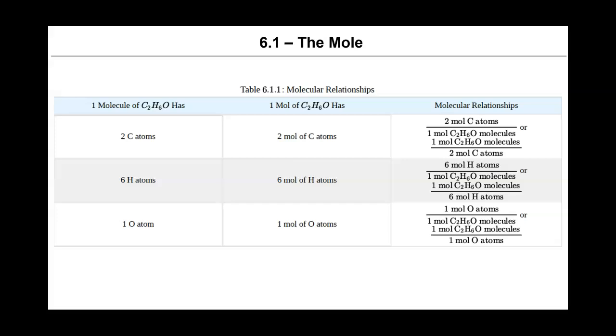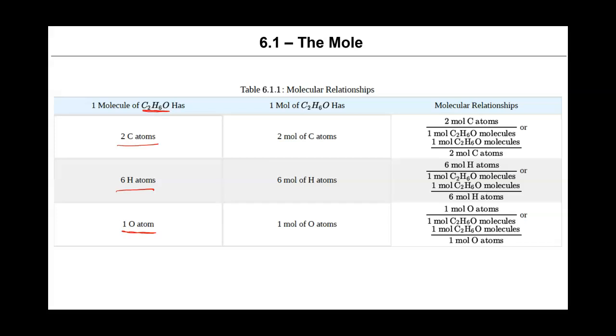In previous sections, we'd looked at the ratio of the components that were present in a compound. So for example, we might have been given this formula and we would write things like that there are 2 carbon atoms for every 1 molecule of C2H6O. There are 6 hydrogen atoms for every 1 molecule of C2H6O, and there is 1 oxygen atom for every molecule of C2H6O.